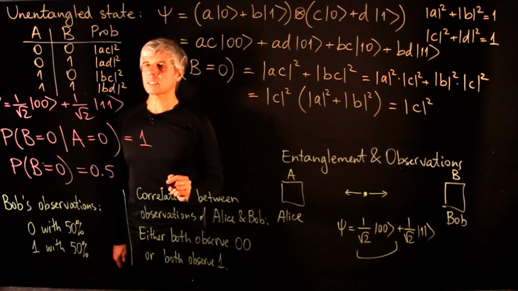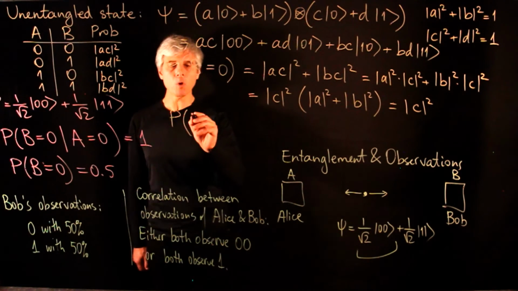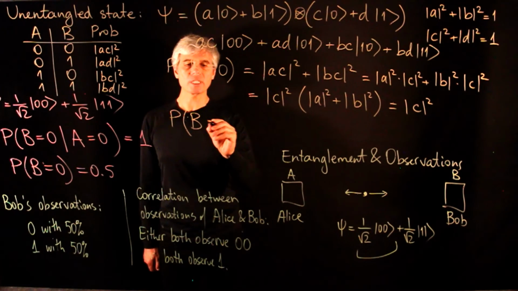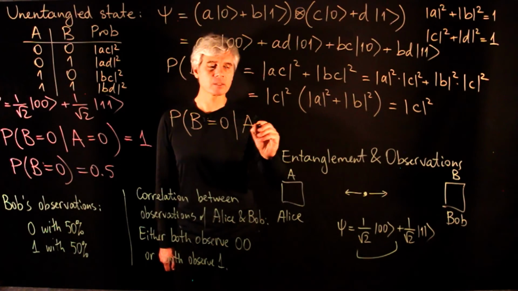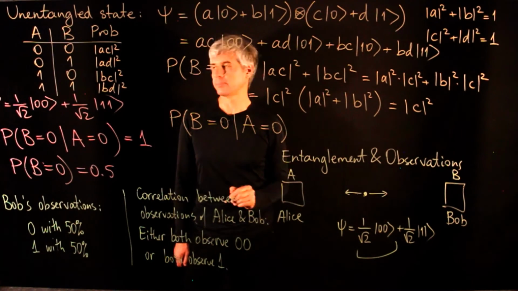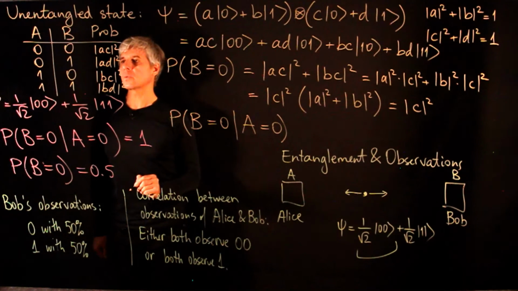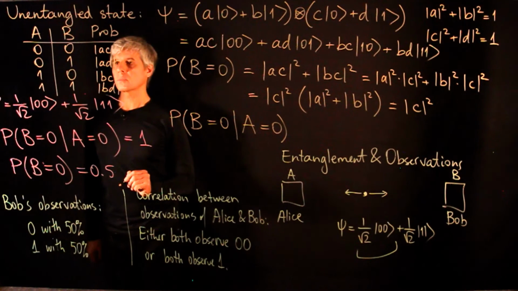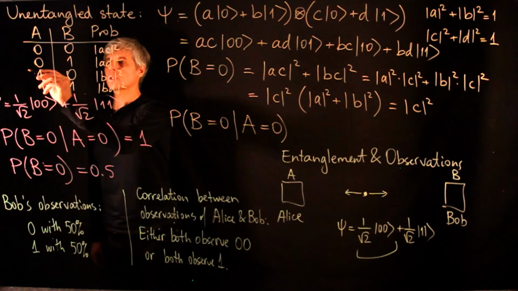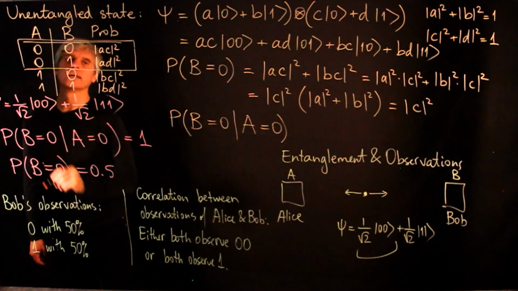Now, let's see. What's the probability that Bob will observe 0 under the condition that Alice also observes 0, right? So now we are restricting our universe only to these 2 cases here, right?